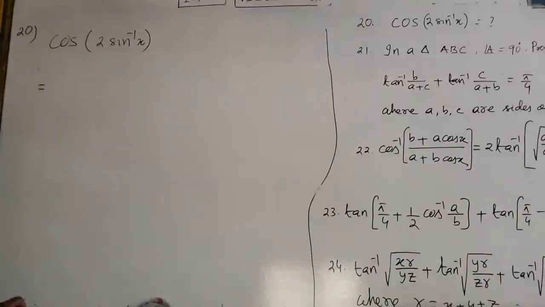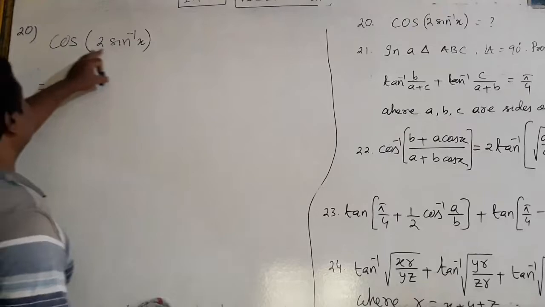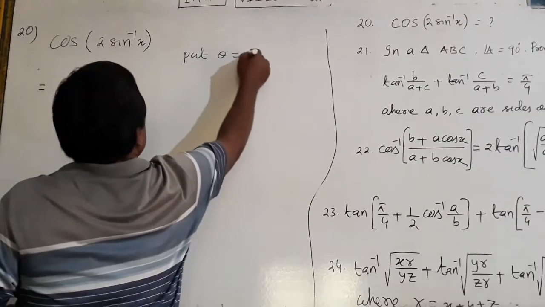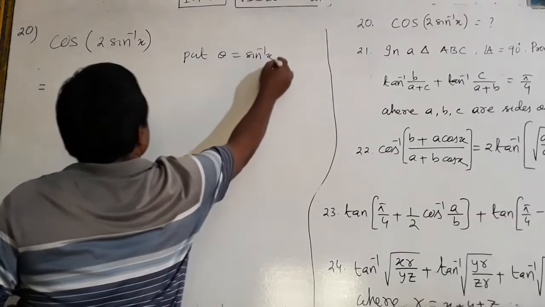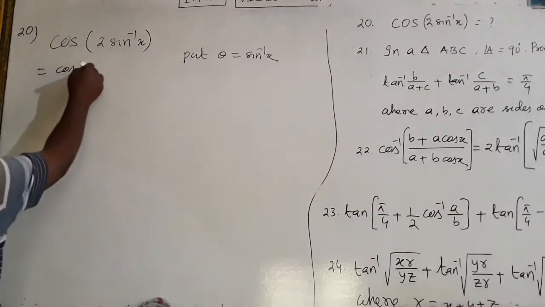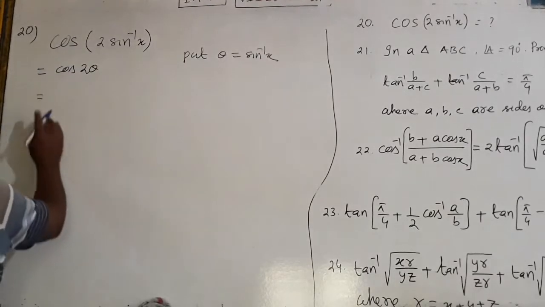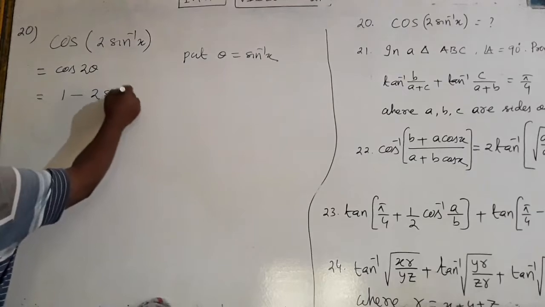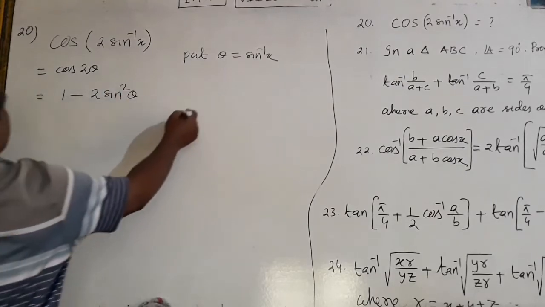Okay, now for cos 2 sin inverse x, it is a very easy problem. Put theta is equal to sin inverse x, then it becomes cos 2 theta.